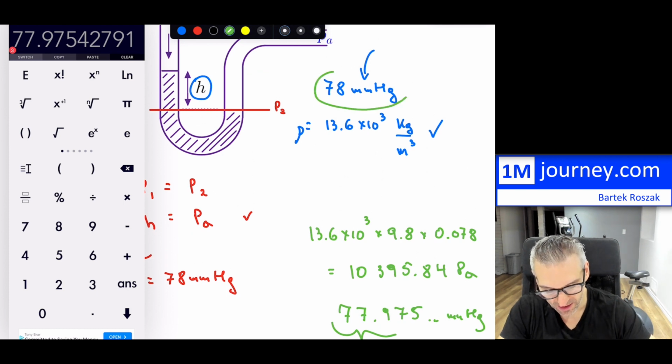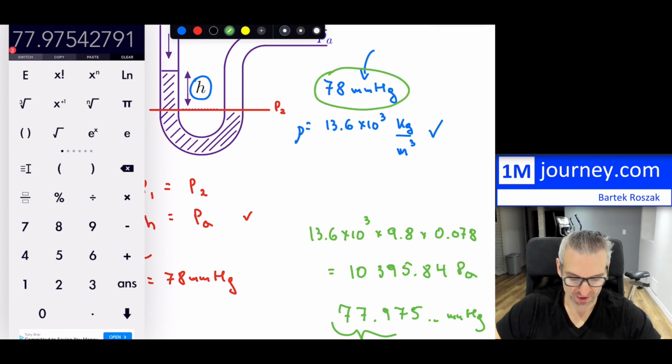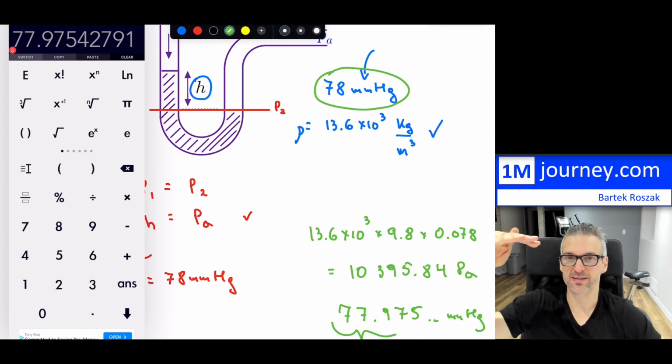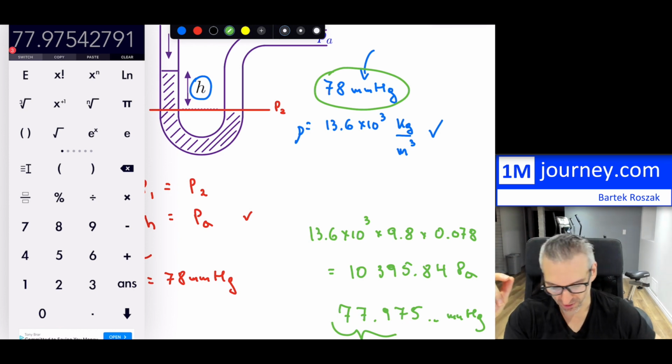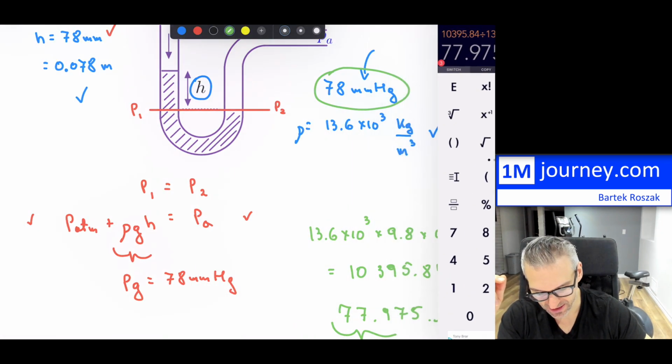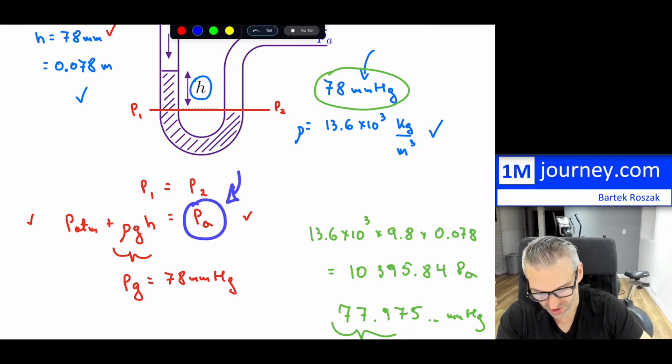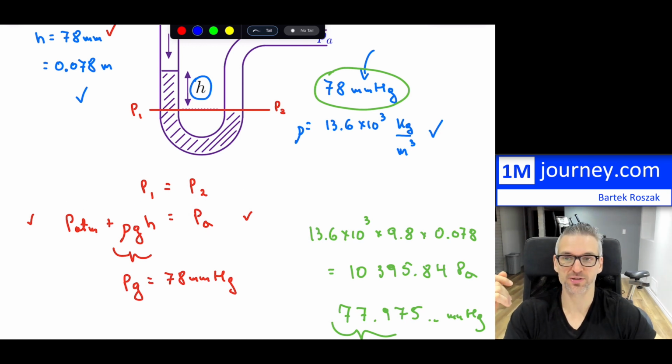So this is a pretty good exercise, and I guess it relates back to blood pressure readings. Not that you have to actually know about blood pressure, but you do have to know about fluids and the pressure in fluids. The rise itself is the extra pressure that we have. So your absolute pressure is whatever your atmospheric pressure is plus whatever the gauge pressure is.